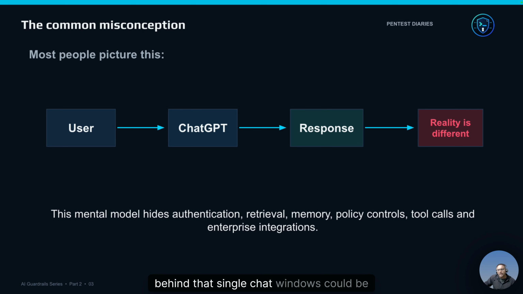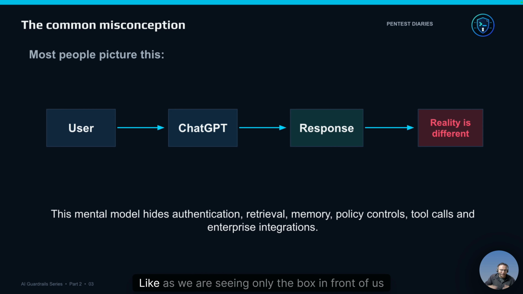Behind that single chat window could be authentication systems, authorization checks, input filtering, databases, vector databases, conversation memory, policy engines, external websites, APIs, agents, and enterprise applications. The user normally does not see any of this. They just see a text box, and that is what makes AI security interesting.